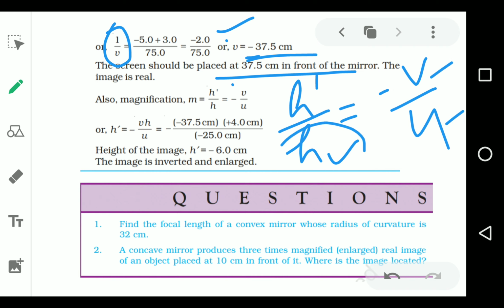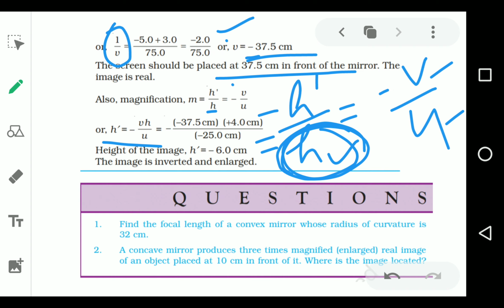Just take h from the LHS to the RHS. It is in the denominator, so it will go to the numerator. That is why h dash becomes minus v by u multiplied by h. Now put the values, and you get h dash equals minus 6 centimeter.